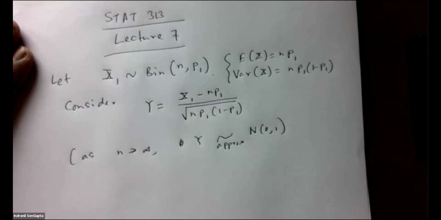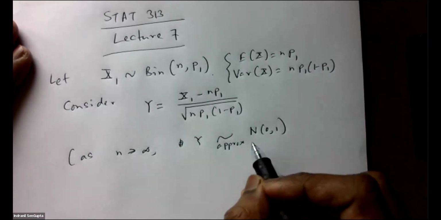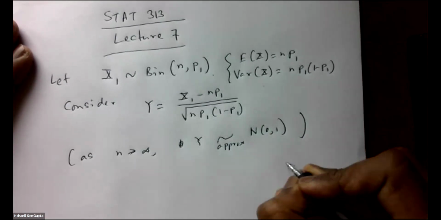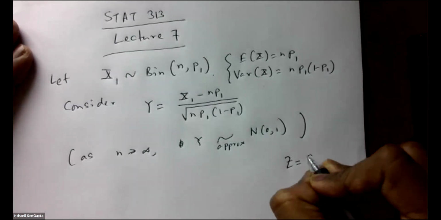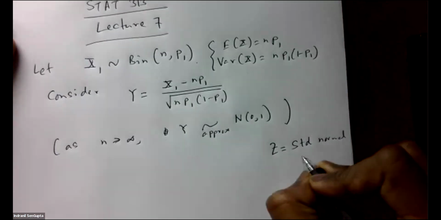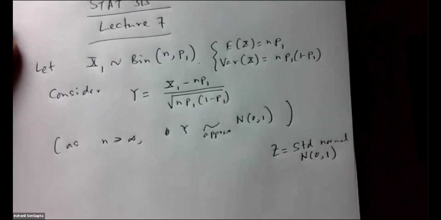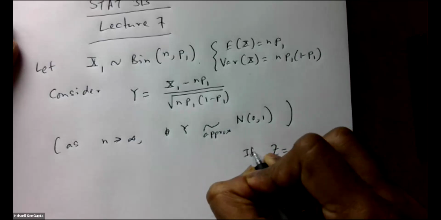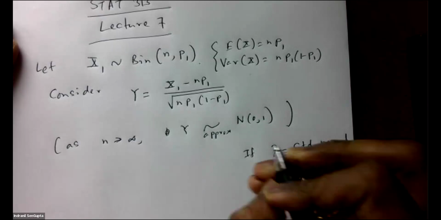Now we have seen that the square of a standard normal is a chi-square distribution. Remember that if z is standard normal, that means it's normal with mean 0, variance 1, then z squared is chi-squared with 1 degree of freedom.